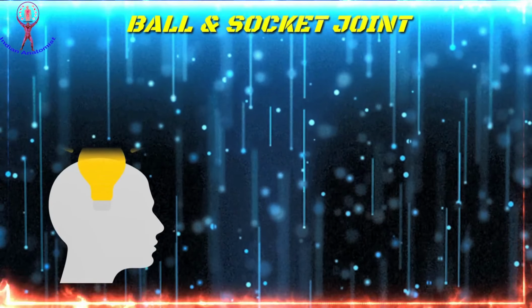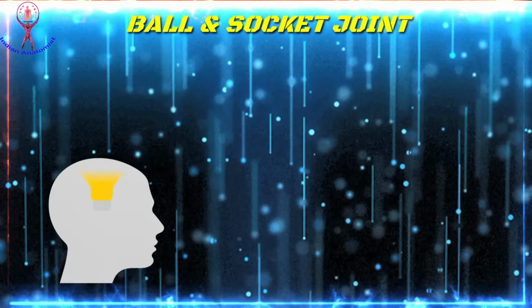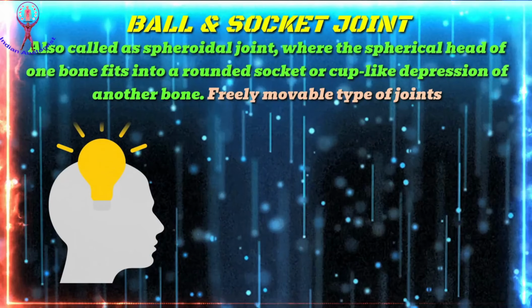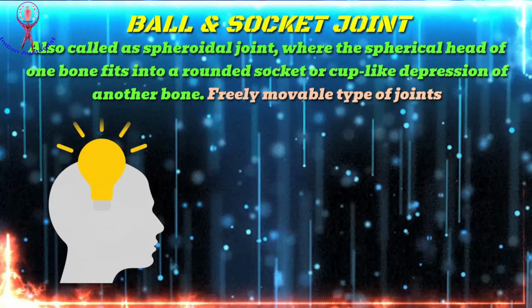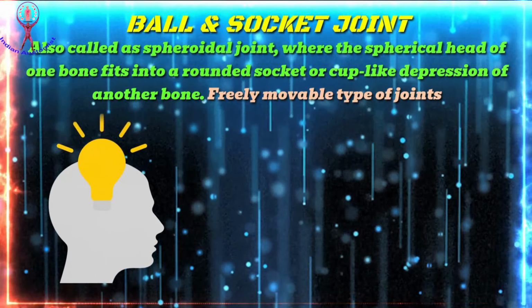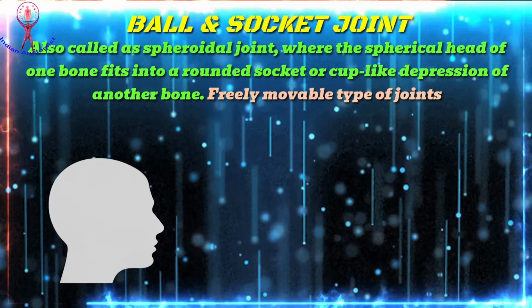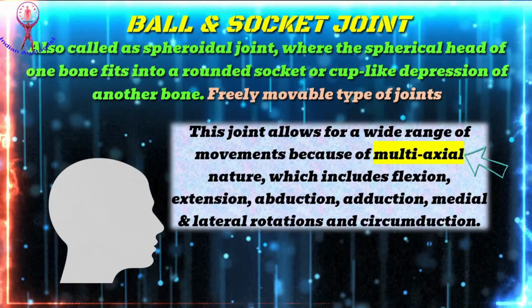The provided image displays a few number of examples of the condylar joint. Now, the last and advanced variety of synovial joint is ball and socket joint. Ball and socket joint, also called as spheroidal joint, where the spherical head of one bone fits into a rounded socket or cup-like depression of another bone. These are freely movable type of joints when compared to remaining synovial joints.